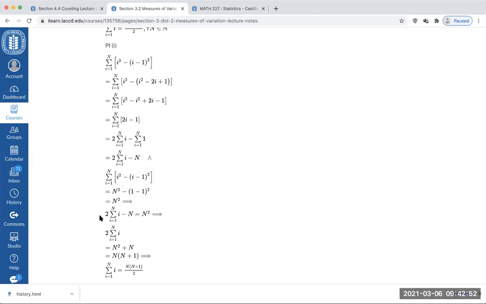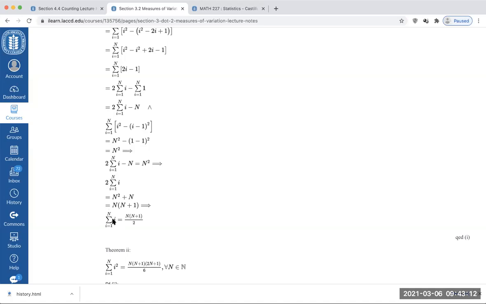So I have 2 sum i equal 1 to n of i minus n equals n squared. Add n to both sides of my equation. So 2 sum i equaling 1 to n of i is equal to n squared plus n, factor out n, so it's n times n plus 1. Therefore, the sum i equal 1 to n of i is equal to n times n plus 1 over 2. And that's what you wanted to show.